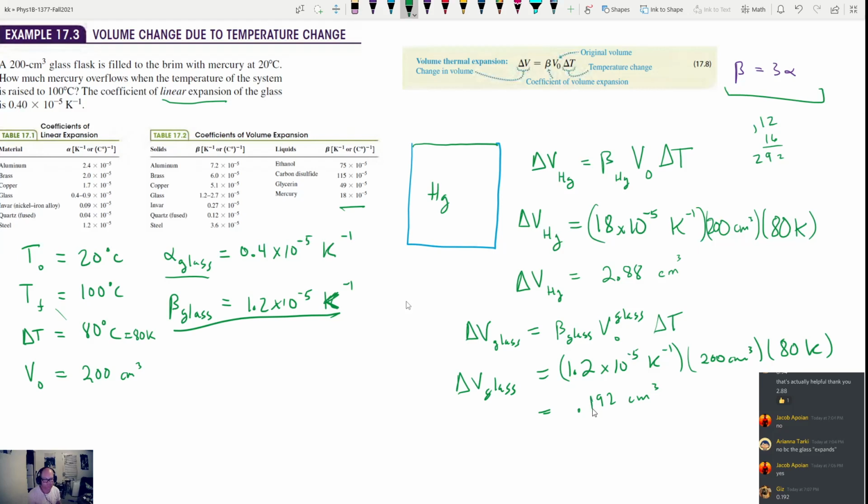Okay. So that's delta V glass, and then the total delta V is going to be the base. I would write it in, but I think you all can see it. It's basically the change in volume for the glass minus the change in volume for the other one. So we're going to get whatever that is.